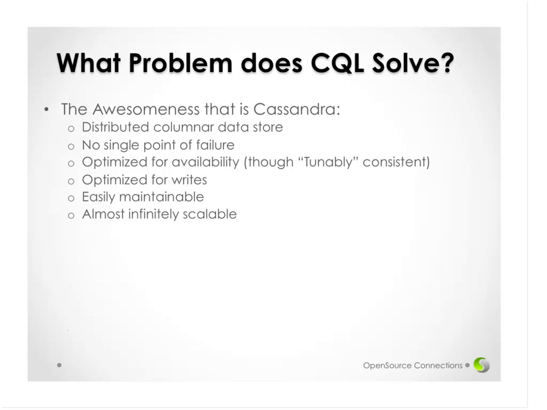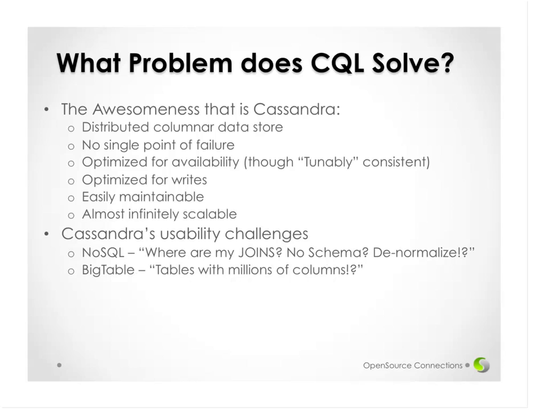Though somewhat unique, Cassandra is also tunable so that if you really want consistency, you can have that with the same technology. Cassandra is optimized for lightning fast writes, while at the same time being quite performant with reads as well. Cassandra is easily maintained and almost infinitely scalable. We've seen clusters get up to hundreds of nodes, and it appears to basically still be linear. So it's really an amazing technology.